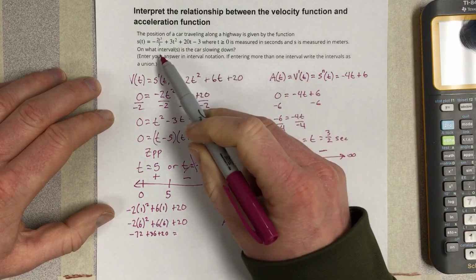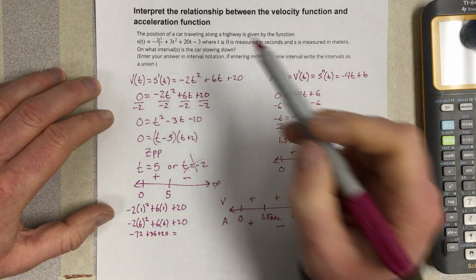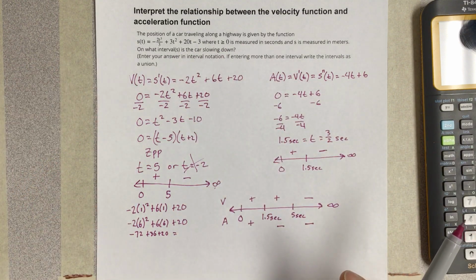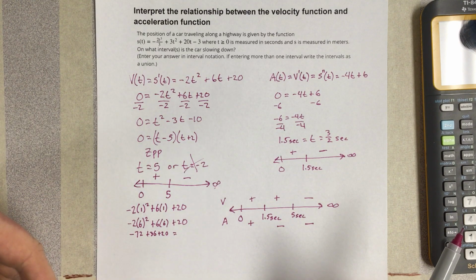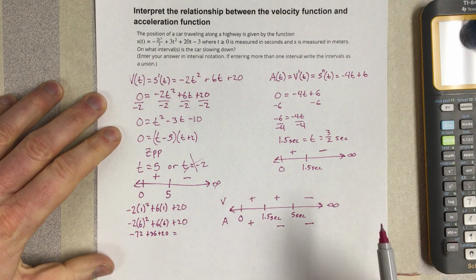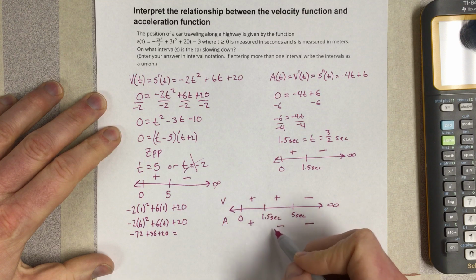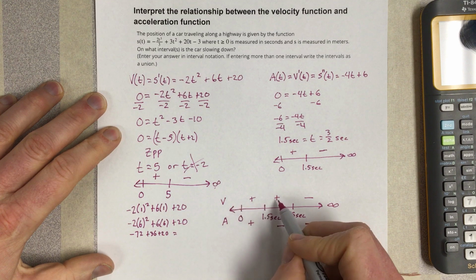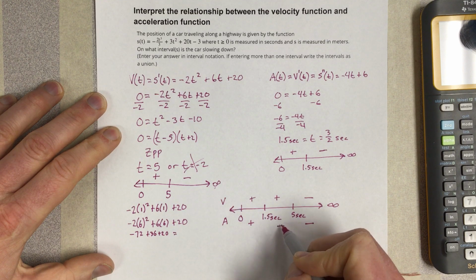Now, it says, on what intervals is the car slowing down? Slowing down means that either you're going forward and you're hitting the brake, or you're in reverse and you're hitting the brake. So what we're looking for is opposite signs for velocity and acceleration. In this case right here, we have a velocity that's positive and an acceleration that's negative.